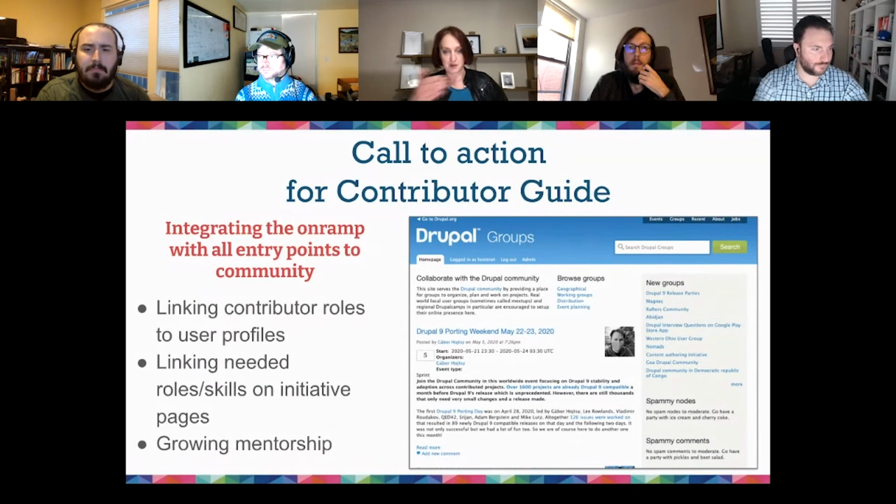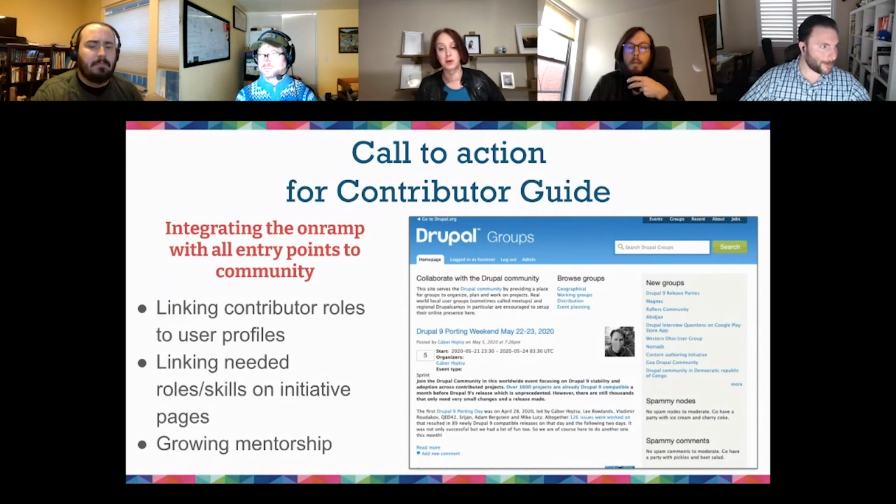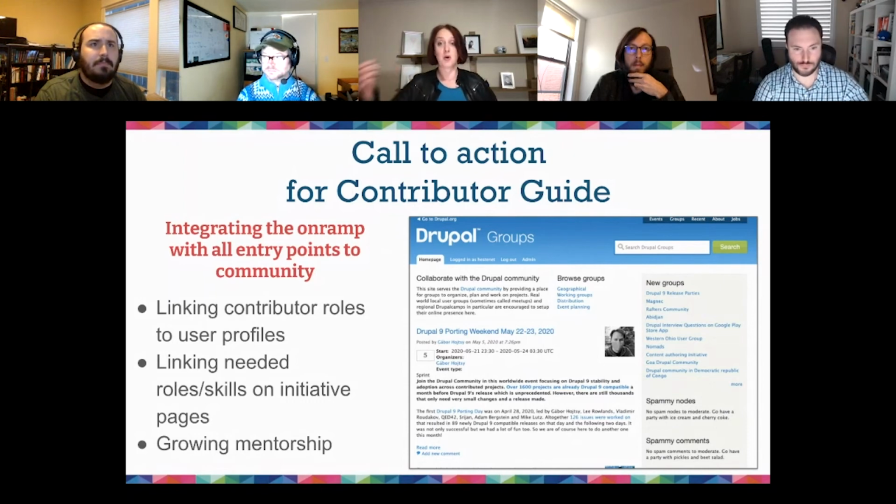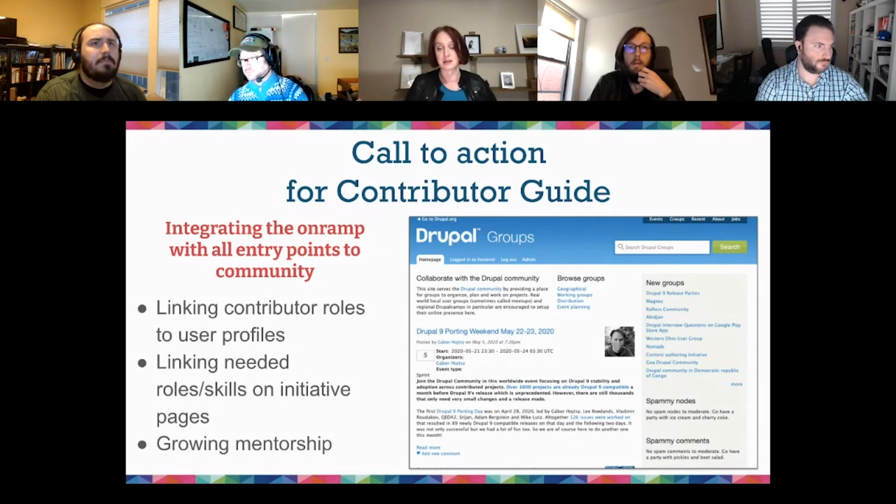And hopefully when we've got the searching right and all the data in there, you'll be able to do exactly that. Not only that, but we will eventually be able to get to a point where we can allow people to associate their Drupal.org account with the long-term and short-term roles that they participate as.